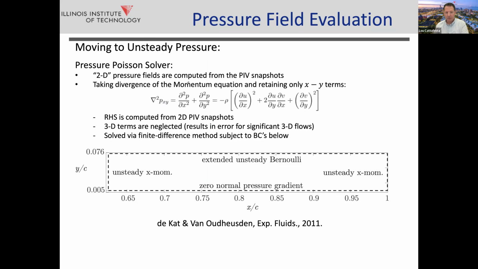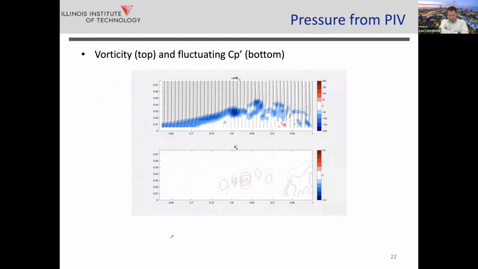Okay, so essentially you have the Laplacian of the pressure, and on the right-hand side, you essentially have the Q, which comes from the PIV snapshot measurements of the flow. We implement the boundary conditions in this limited domain based on an approach adopted by Descartes and documented in Experiments in Fluids. And I'm going to show you the result of this on the following slide.